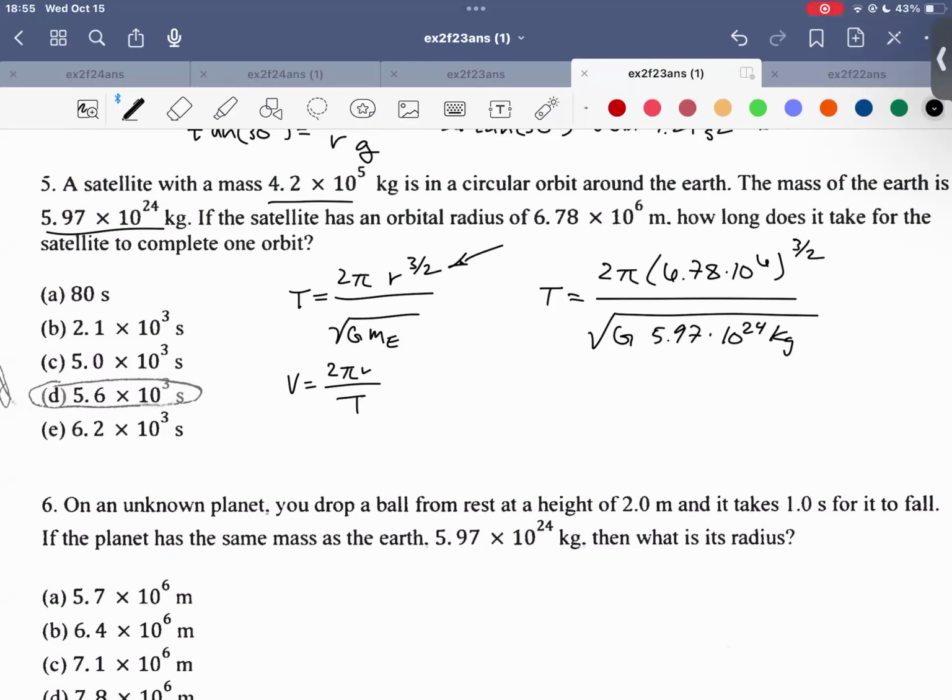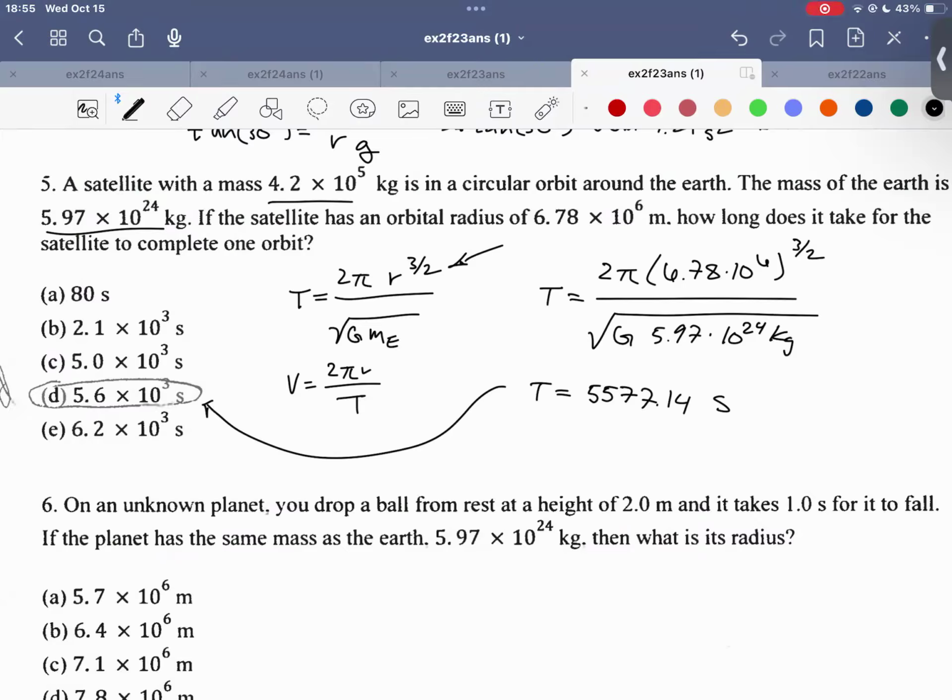Okay, and then when you solve, that should give you the correct answer. Yeah, so it gives us this, and that's approximately what we get here.